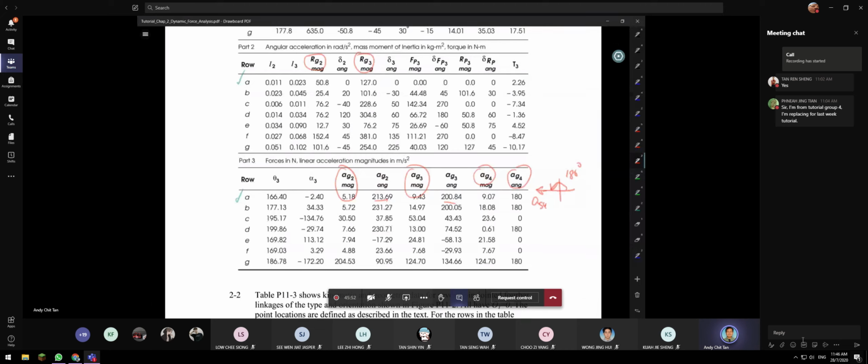So this AG3, if I draw this line here, AG3 is 200, so it's somewhere here. This angle here is 200.84. Same for this one.